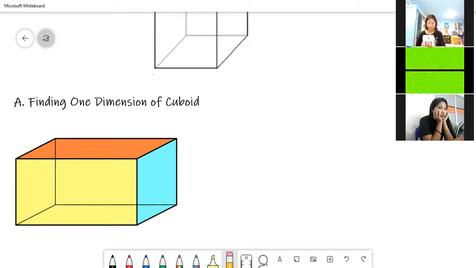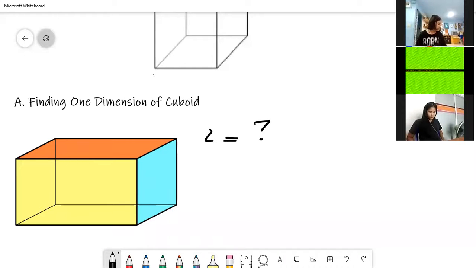To find the volume of a cuboid, we need to know its length, breadth or width, and the height. Now, for example here, to find the length of the cuboid, the question is the length. To find the length, we need to take the volume and divide by its breadth and height.